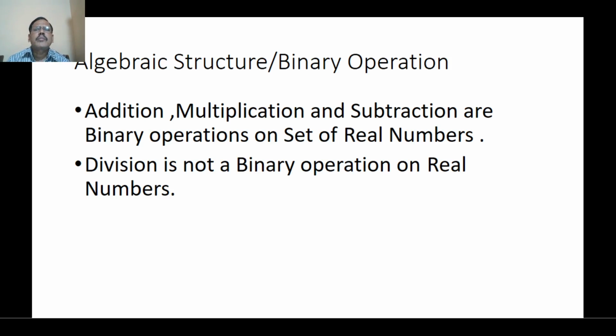Similarly, addition, multiplication and subtraction are binary operations on the set of real numbers as well as rational numbers. But division is not a binary operation on the set of rational numbers or real numbers.